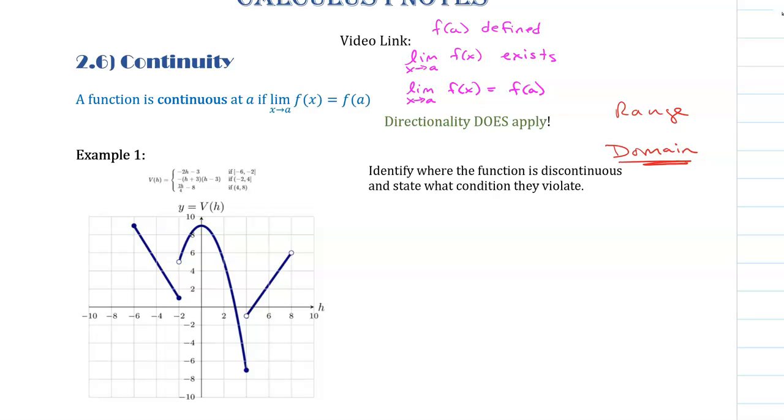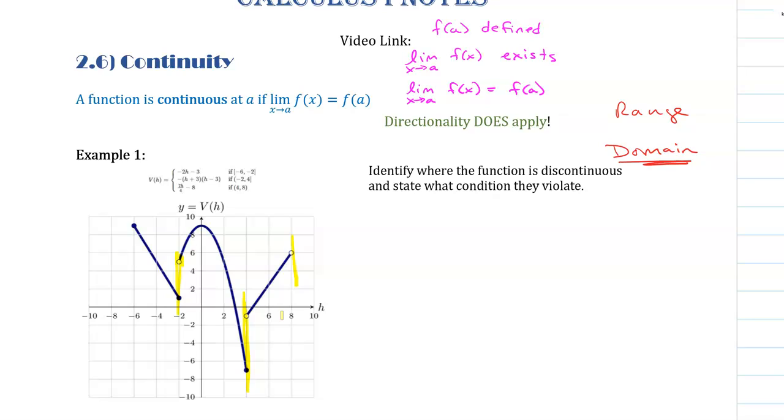So, any jump in the function will be a place where it is discontinuous. We have a jump here, a jump here, and then we also have some here.